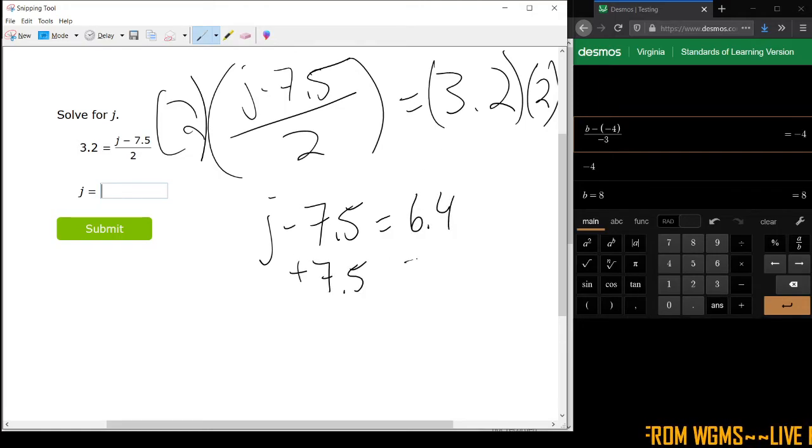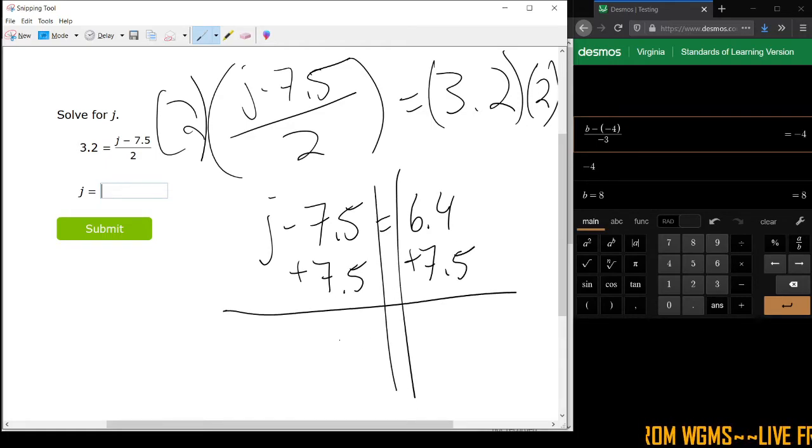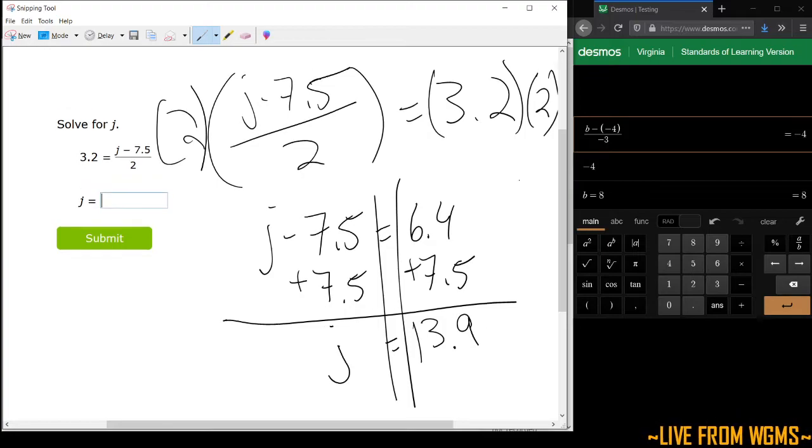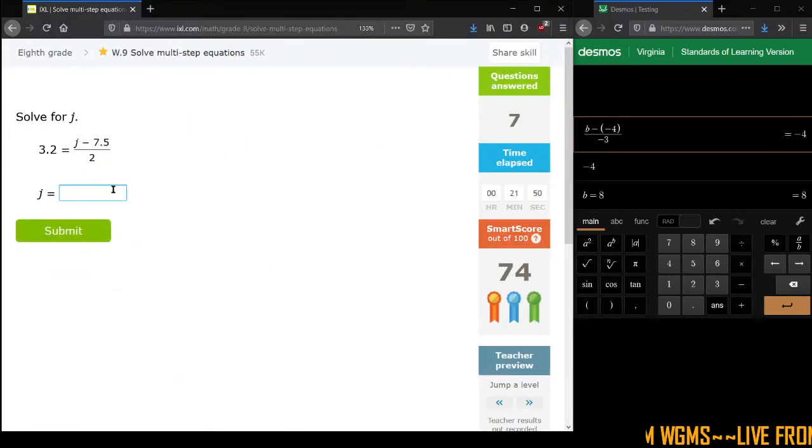Add the opposite to both sides. And so we have j is equal to, let's say, 13.9. I'm going to actually speed ahead and try and see if this works. I have confidence in myself, and so should you.